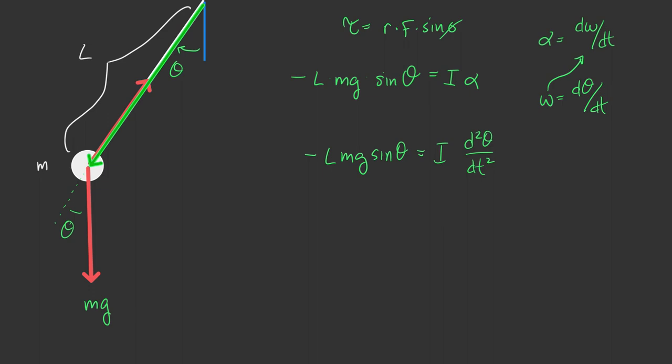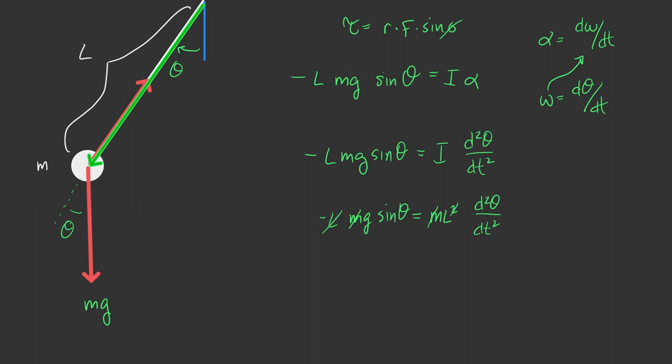Moment of inertia. This is a point mass. I can cancel the m's, can't I? And one of the l's. So cancel the m's, cancel one of the l's.